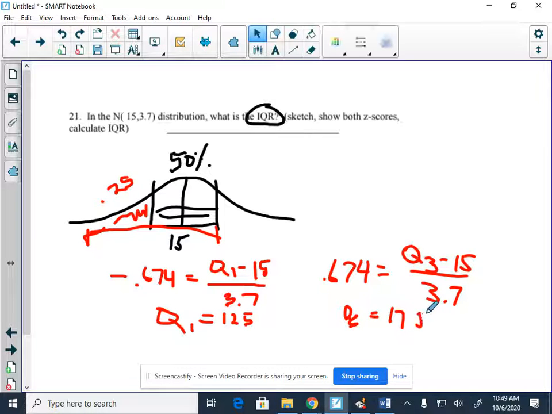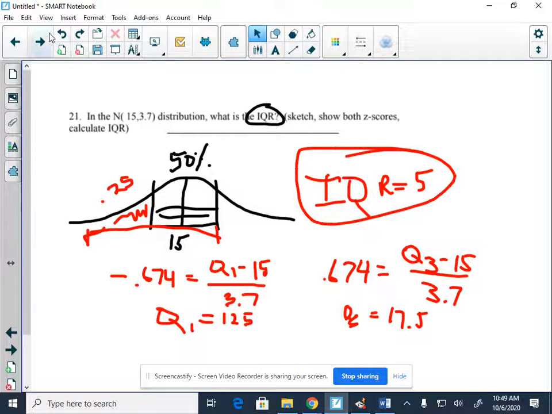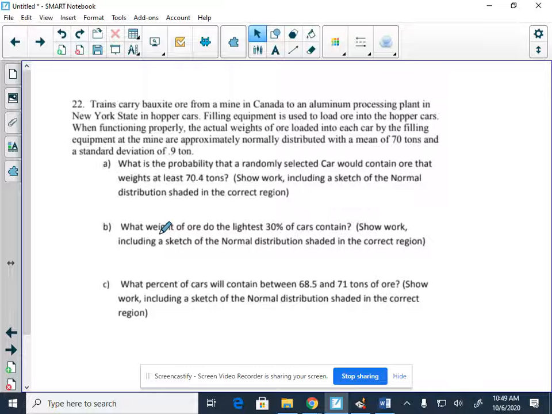So again, what's the IQR? Well, we would subtract those, and the IQR is 5. Okay. All right, one more problem, or with 3 parts, I guess.